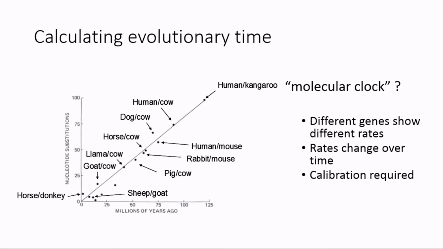But the caveats for this clock, even when we've taken all the best precautions that I've described to you already, are that different genes show different rates of evolution. So we have to make sure that we use well-calibrated gene sets, and preferably multiple gene sets, in order to do these clocks. We also know that rates change substantially over time and place.